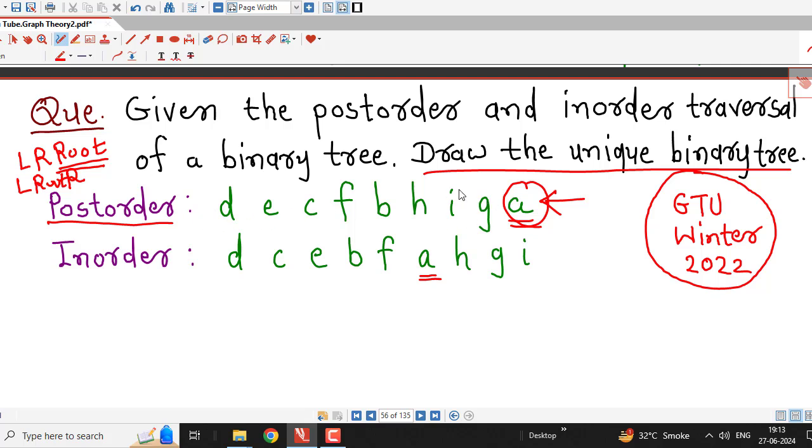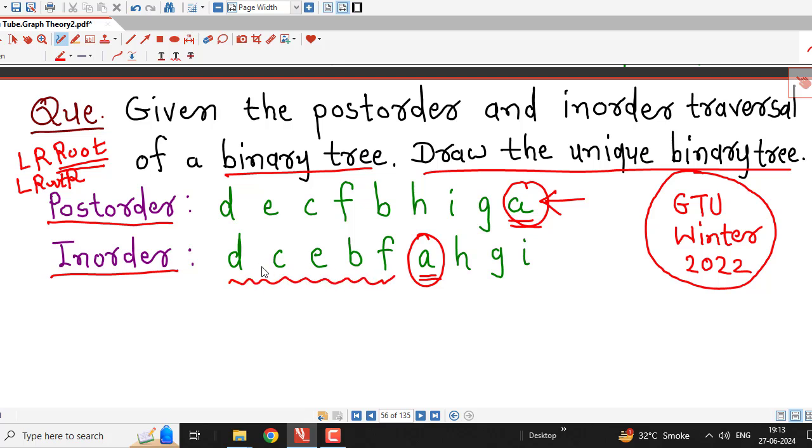So we determine what the root of the required binary tree is using post-order, and then we search that root in in-order. So here I find this node A in in-order.